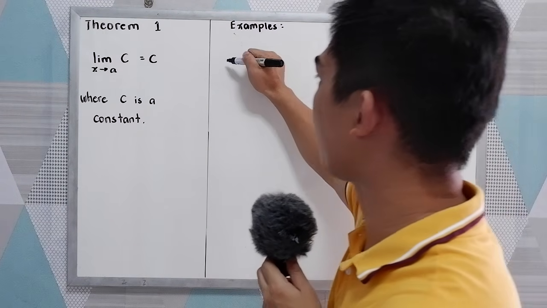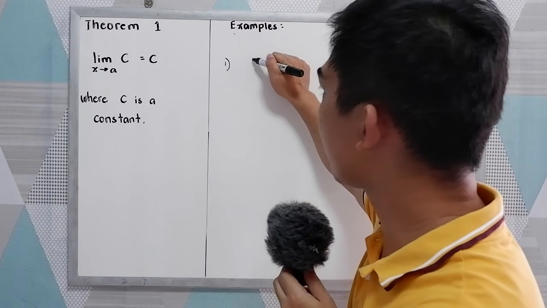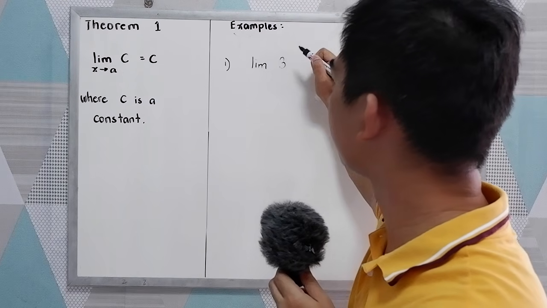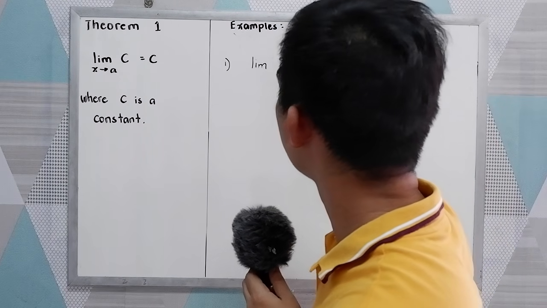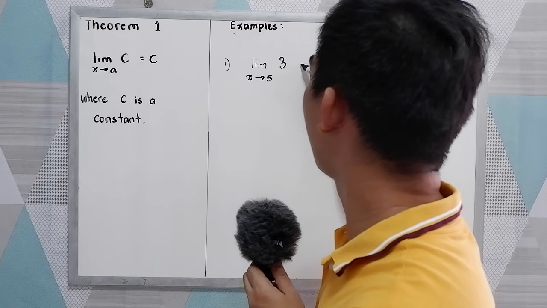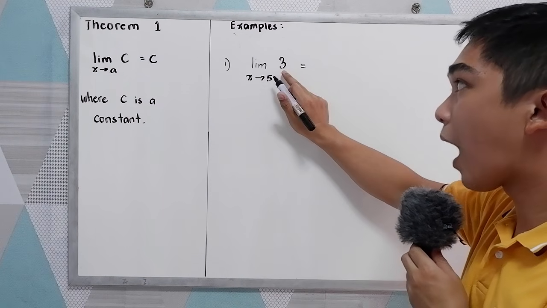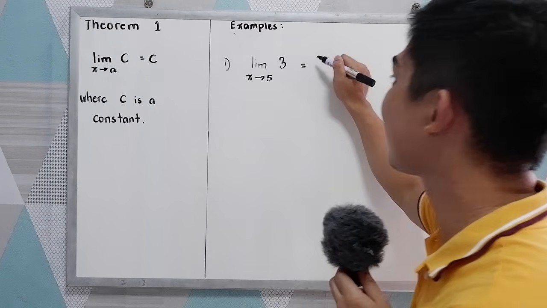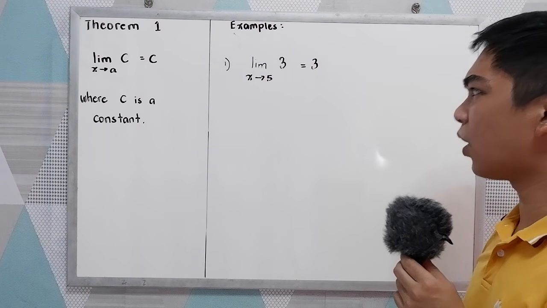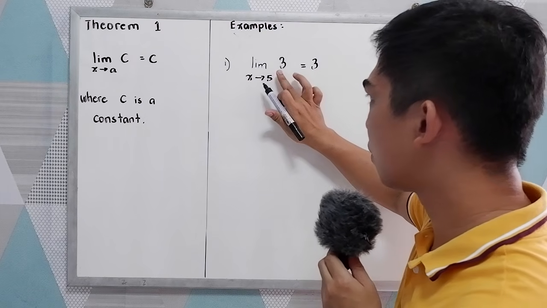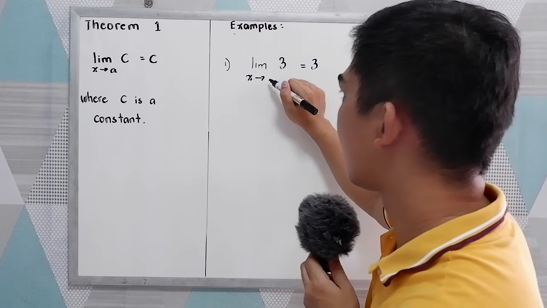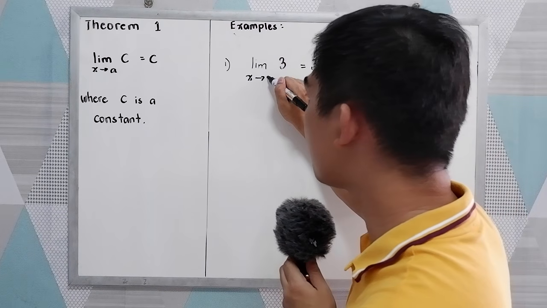Let's have our example. Let's say we have the limit of 3 as x approaches 5. That is equal to our constant here, which is 3. Let us use the same example, we're just going to change x approaches to 2.